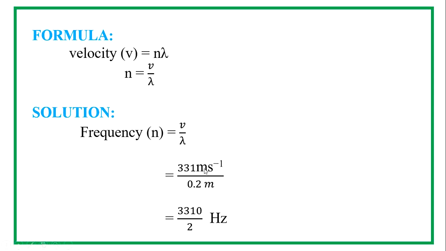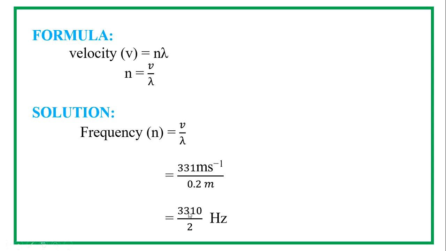Now solution, we can substitute the value for v and lambda. What is the value for v? 331 m s minus 1. And then for lambda 0.2 meter. Now meter and meter get cancelled. So the remaining term is s minus 1. This s minus 1, that is the reciprocal of the time, is the frequency. So it is hertz. Now to remove the decimal, multiply with 10 in the numerator and denominator.